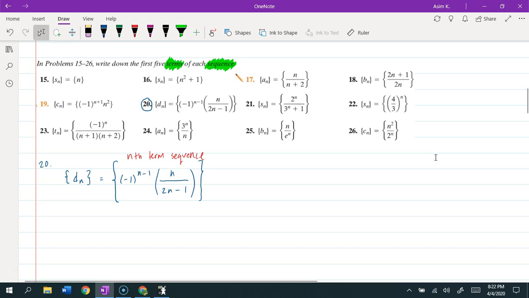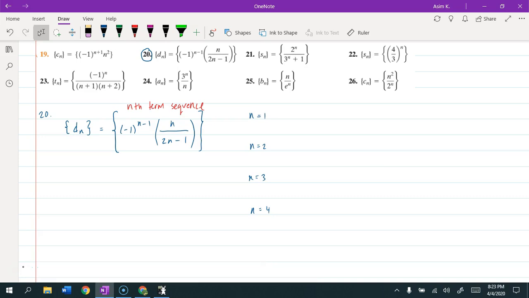So the question says, can you write down the first 5 terms of each sequence? We're going to write down the first 5 terms that we get by using this sequence over here. If you'd like to make a chart, it may help you. You can say n is equal to 1, n is equal to 2, n is equal to 3, 4, and we'll put 5. Actually, it's probably better to put it here.